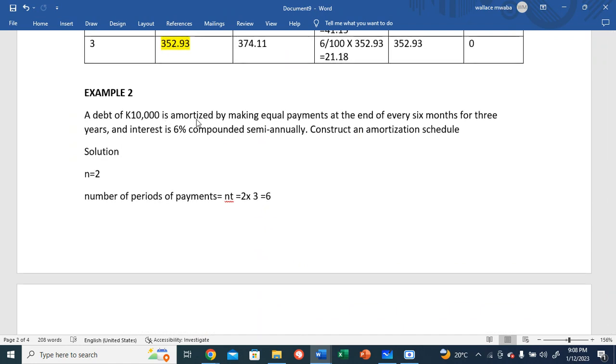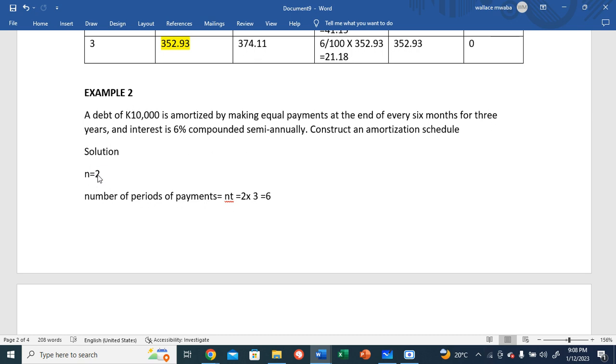They've told us a debt of 10,000 is amortized by making equal payments at the end of every 6 months for 3 years. All right, so you get a loan for 3 years. The loan is compounded semi-annually, so it means you'll be making interest payments twice a year.